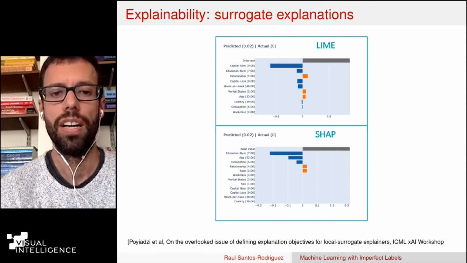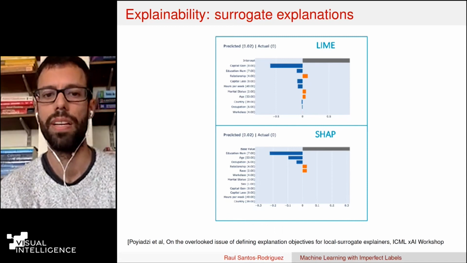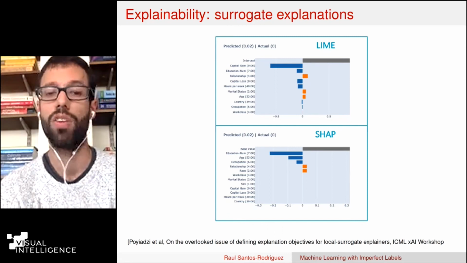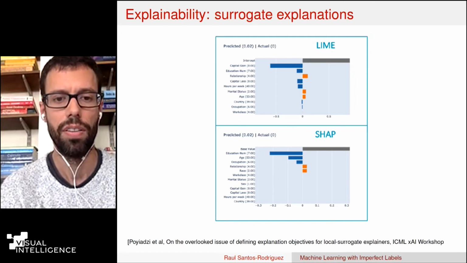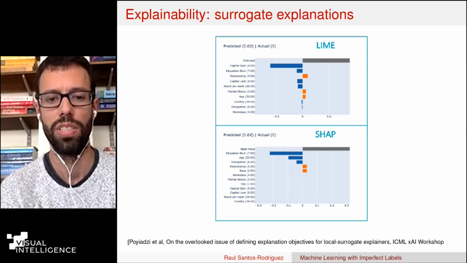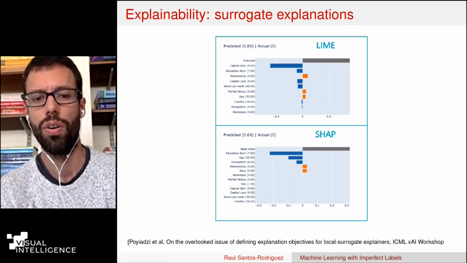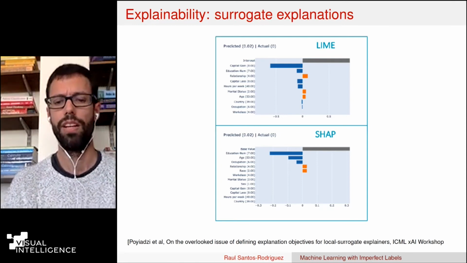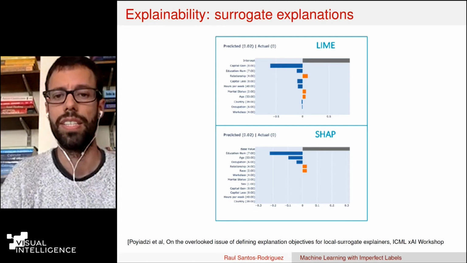If you see the y-axis, the features being picked by each of the explainers are completely different. The first one goes for capital gain. Education and relationship have been really important as compared to the second one that focused on education first, but then age or occupation. So it's very difficult to understand really what's going on in this area.